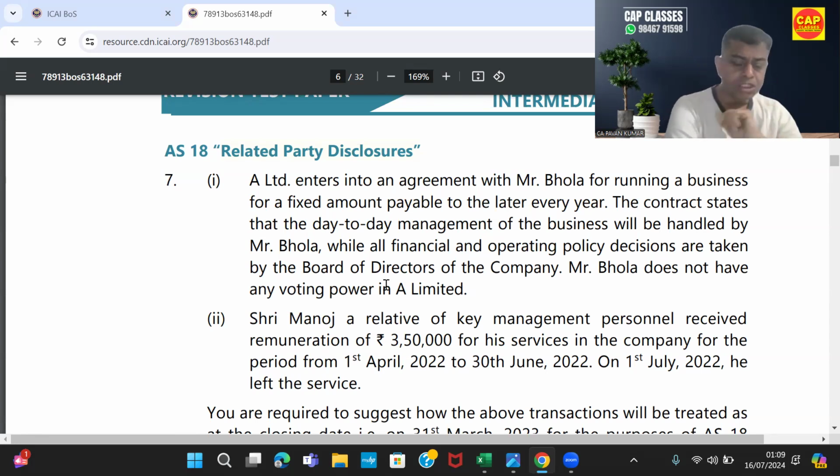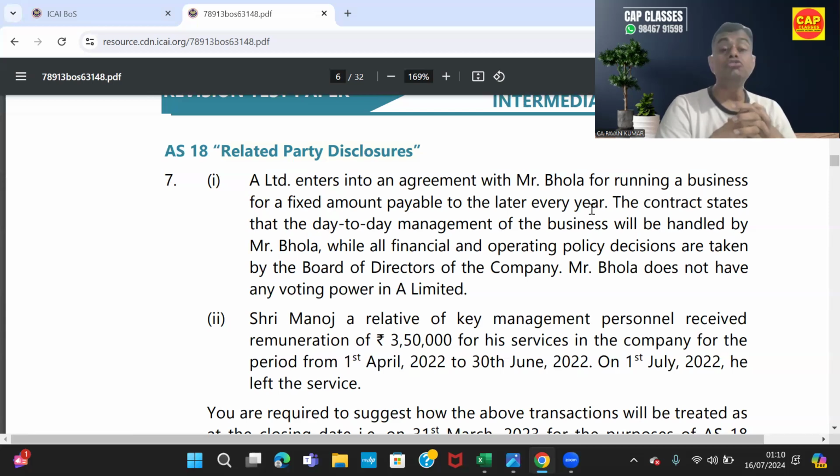Question number 1. A Limited enters into an agreement with Mr. Bhola for running a business for a fixed amount payable to the latter every year. The contract states that the day-to-day management of the business will be handled by Mr. Bhola, while all financial and operating policy decisions are taken by the board of directors of the company.